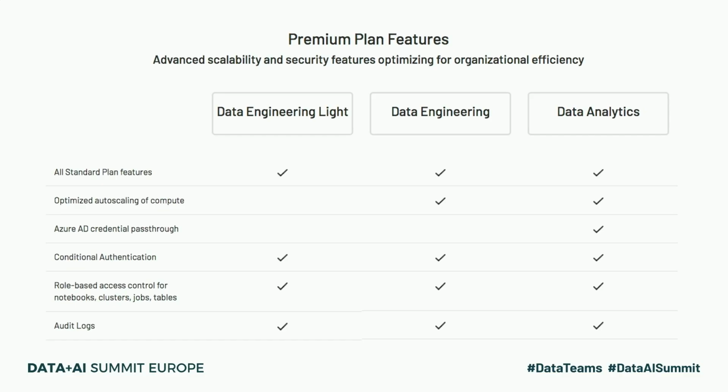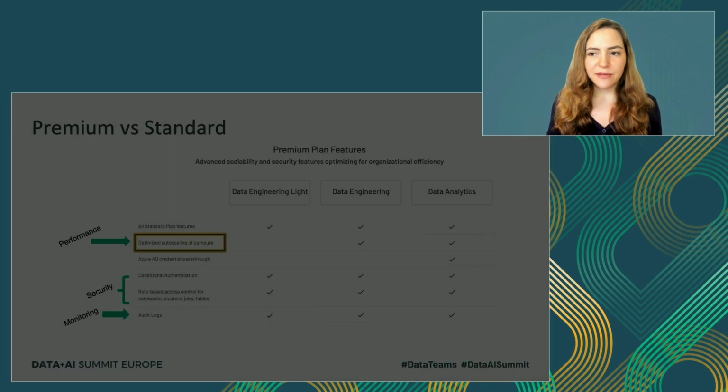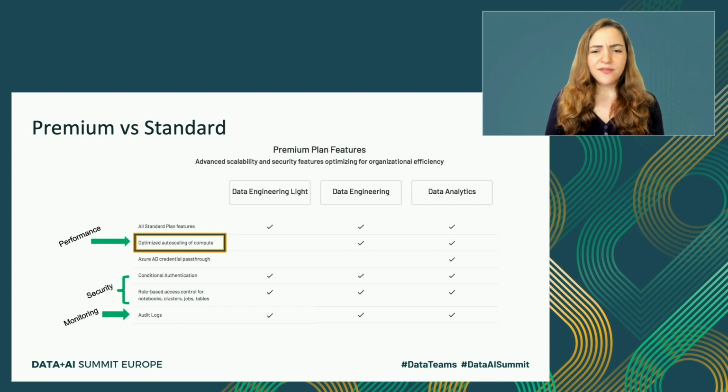And then we have the premium plan features, which include the standard plan features. On top of it, we get more features like optimized autoscaling of compute or different security features as well. I took the liberty to try to make sense out of the extra features that you get with the premium.